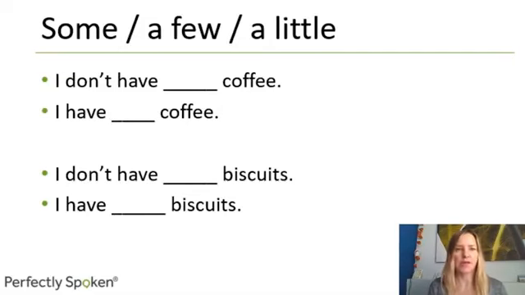Okay, so now I'm going to read you the possible answers because in some you have more than one possible answer. Okay, so we've got, I don't have any coffee. I have some coffee, or I have a lot of coffee, or I have lots of coffee.